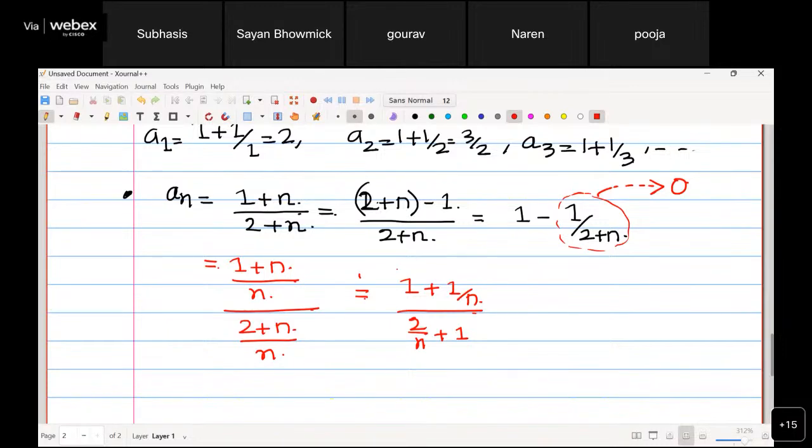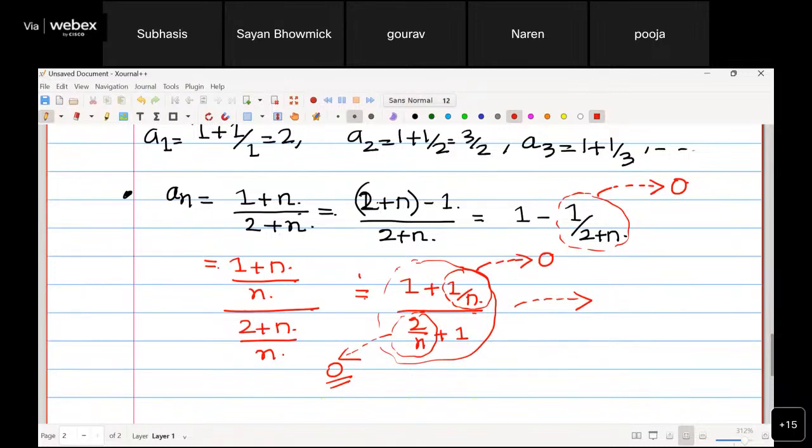As you can see, if I increase the value of n, this 1 by n will come closer and closer to 0, and 2 by n as well will come closer and closer to 0. That means this whole thing will come closer and closer to what? Once.